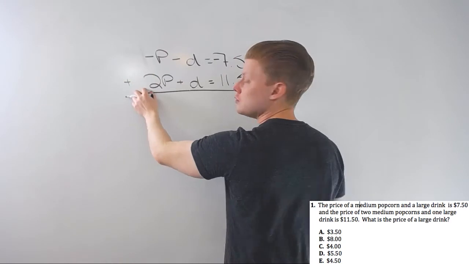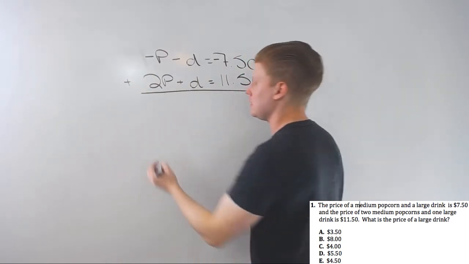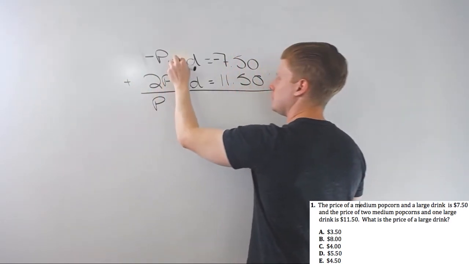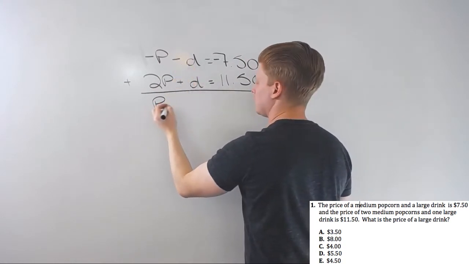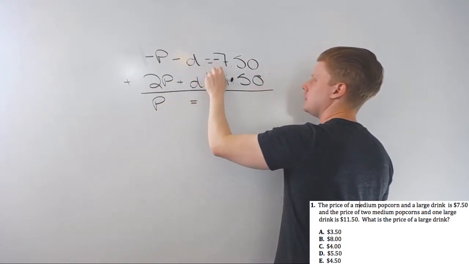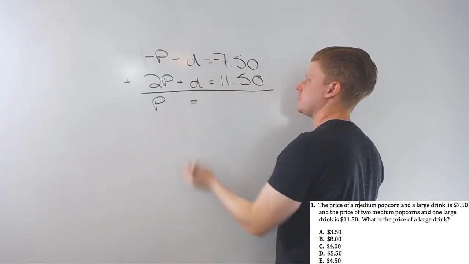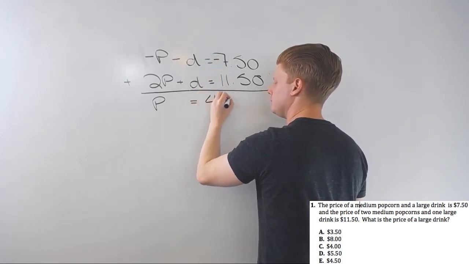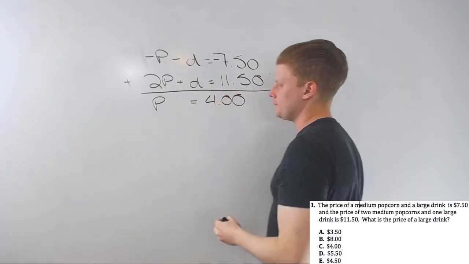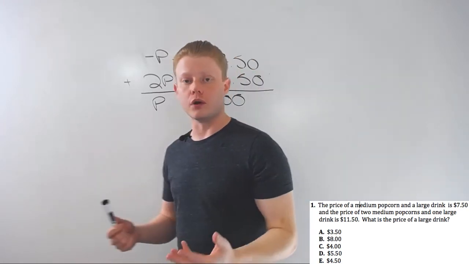Negative p plus 2p, or you could say 2p minus p, is p. D minus D is 0. 1150 minus 750, or negative 750 plus 1150, is $4. Okay. I know the popcorn is $4.